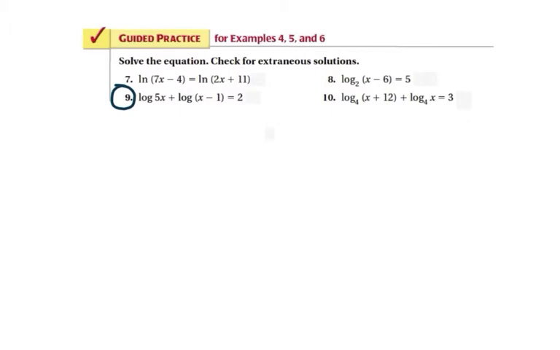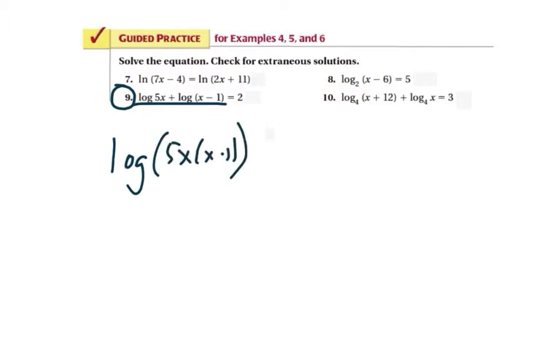So number 9. First we have to compress the log expression here by changing this to common log of 5x times x minus 1 equals 2. That's common log of 5x squared minus 5x. Again, you need the parentheses.